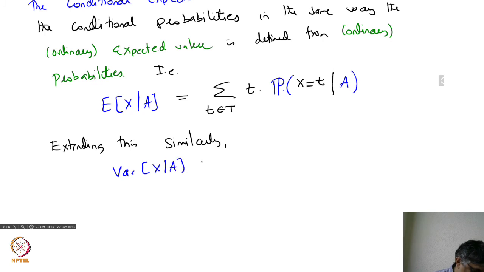X given A, that's going to be the same as the conditional expectation of x minus E of x given A, the whole square. So I'll condition it, right? But what is inside? Inside I will put x minus E of x given A, whole square.